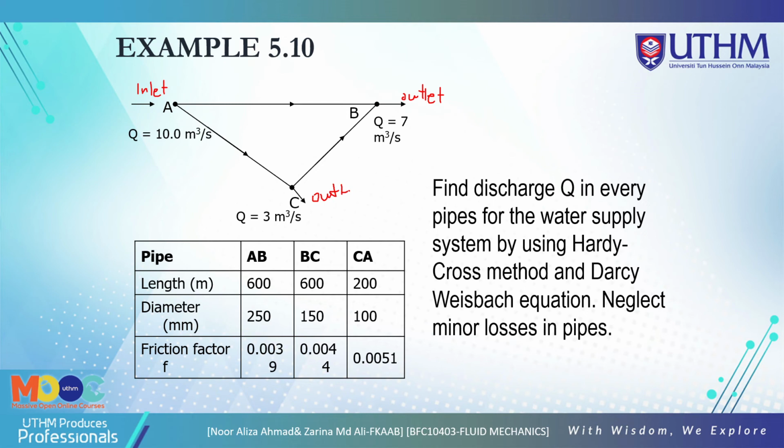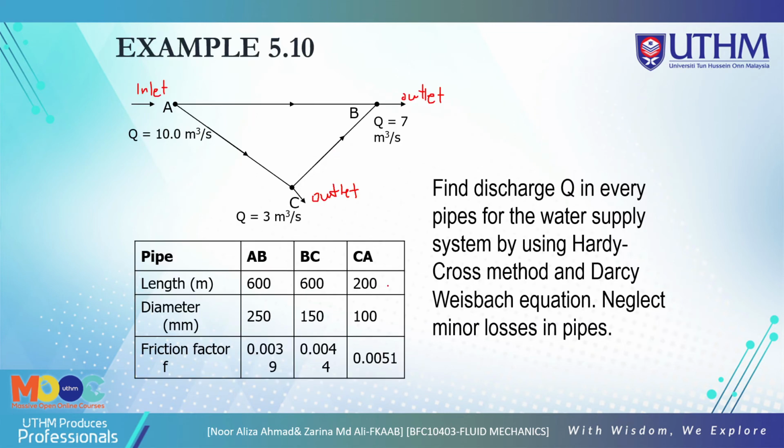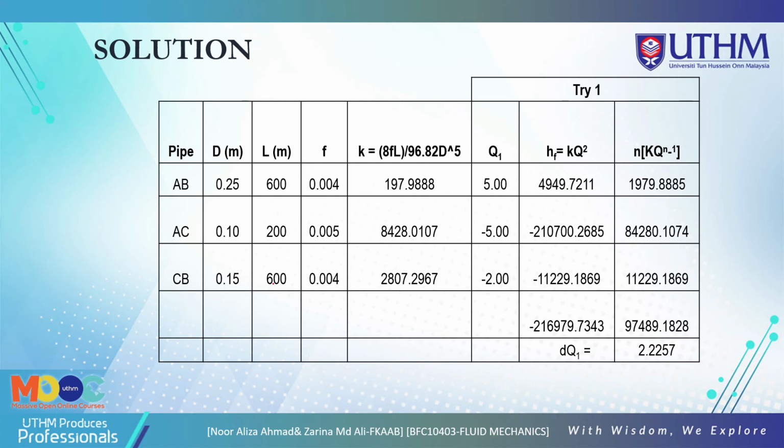So you use the pipe A to B, A to C, and CB. So the diameter, you just put the diameter here and the length here, and the F based on this characteristic that is given here. You just put it into this table.